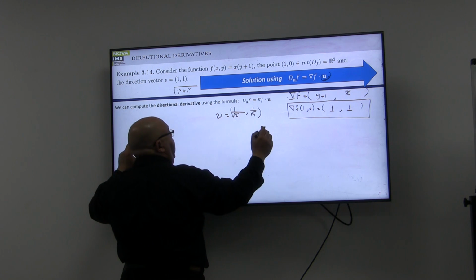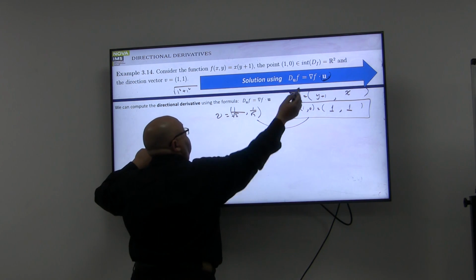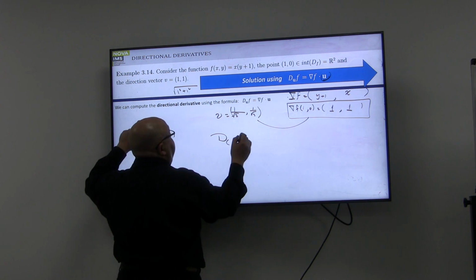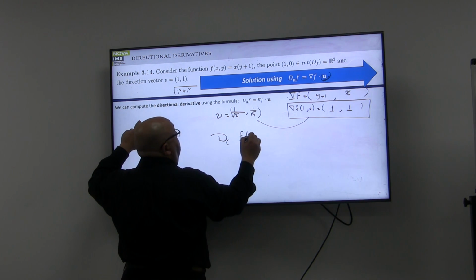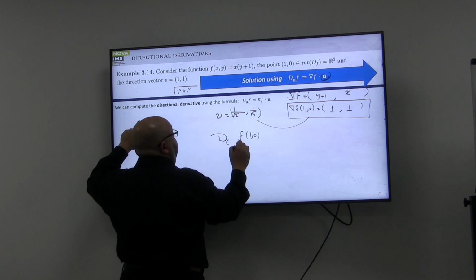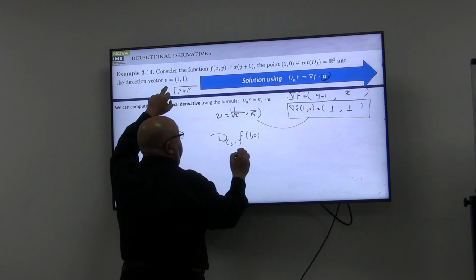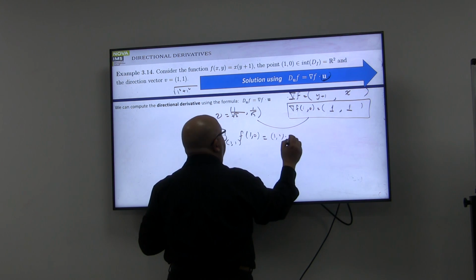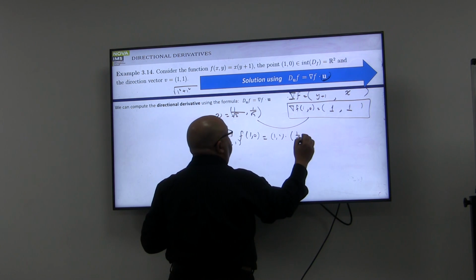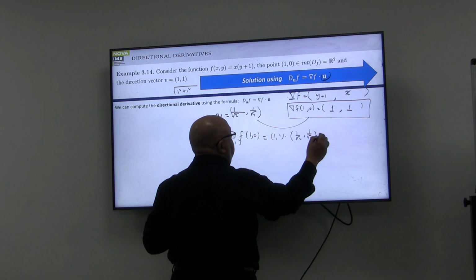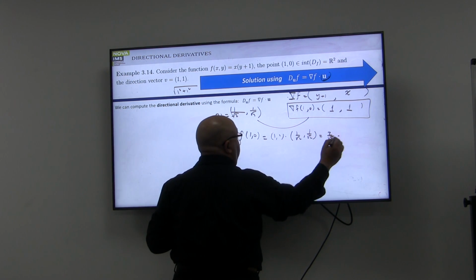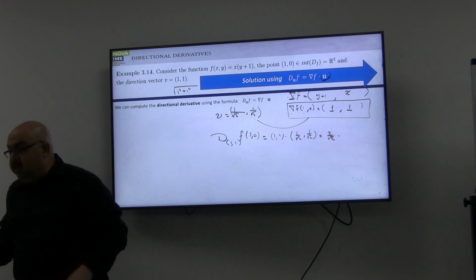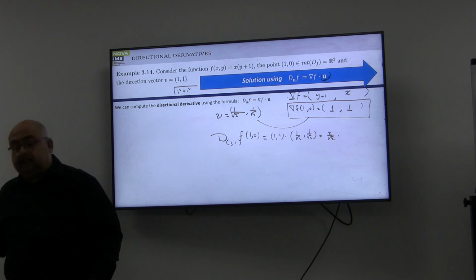Now all I have to do is multiply these two vectors by this law. So the directional derivative of the function at the point (1, 0) in the direction of the vector (1, 1) will simply be (1, 1) times (1/√2, 1/√2), which is simply going to be 2/√2, exactly like the result that we had on the previous slide.